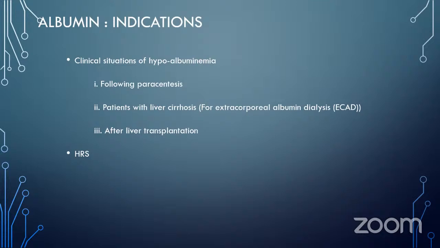This is directed by the early goal-directed therapy. But I personally feel that albumin probably causes more harm when given as the fluid of choice for resuscitation. In current day practice, it doesn't hold as a fluid of choice for resuscitation, but you can use it or explore it for different options.